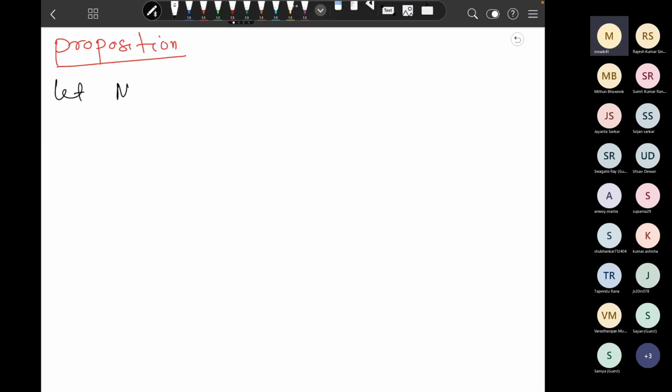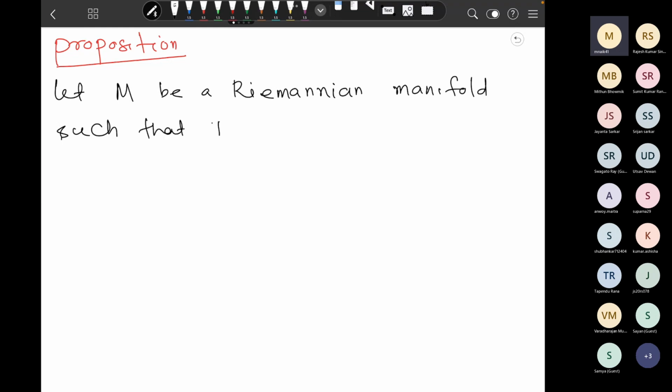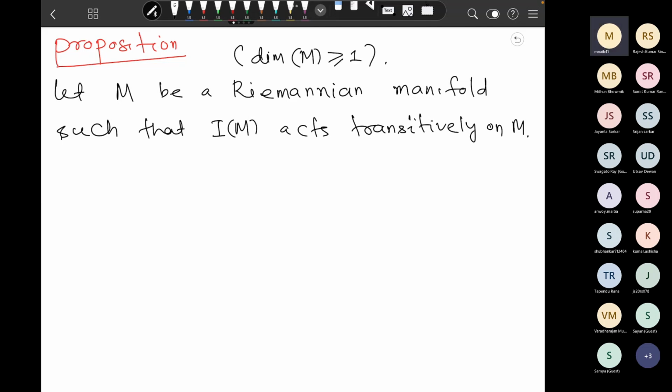Let M be a Riemannian manifold so that Im, the isometry group, acts transitively on M. By Riemannian manifold, I will always assume that the dimension of M is greater than or equal to 1. I explained this last time, so it perfectly makes sense to take this condition.